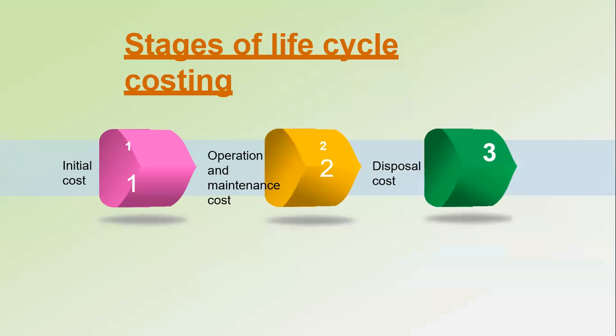Then there are 3 types, or we can say 3 stages, in life cycle costing. These stages may change. The important 3 stages are the initial cost, then operation and maintenance cost, and disposal cost.